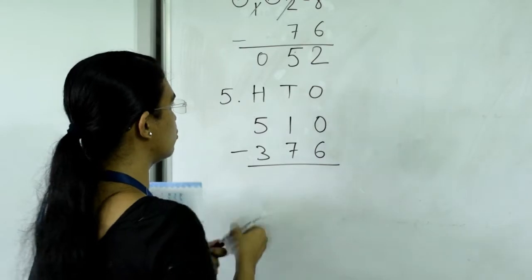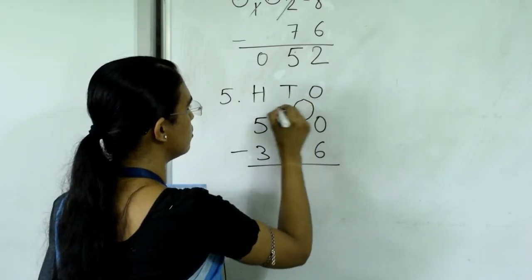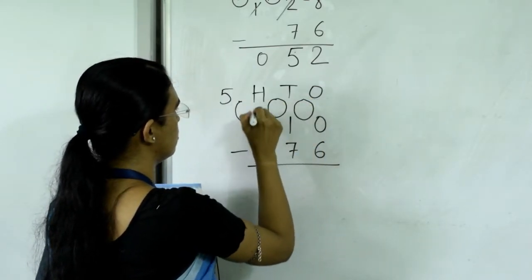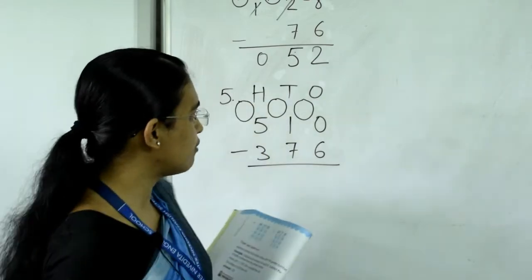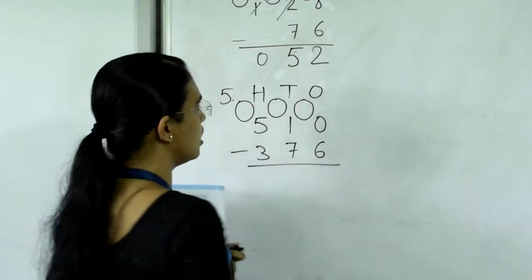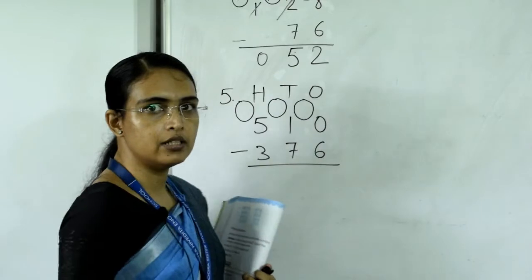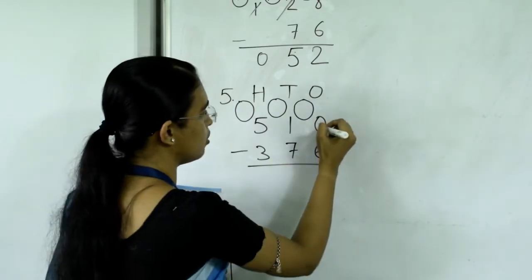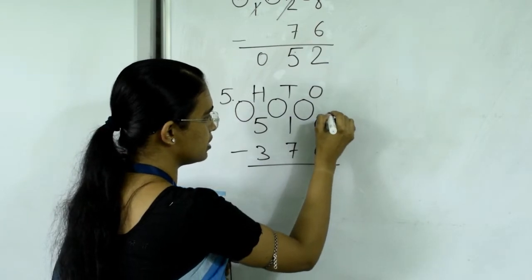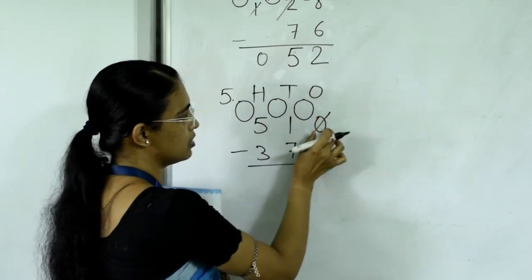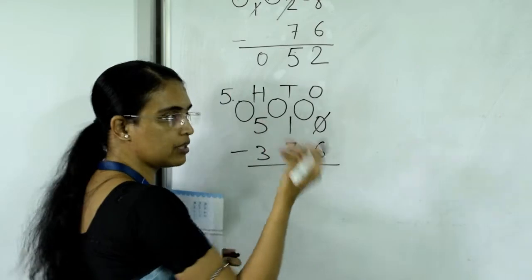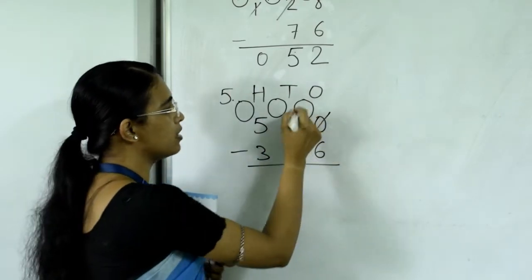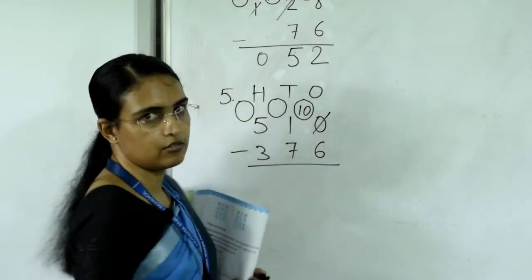So what we have to do now? We have to make this 0 a bigger number by borrowing what? 1. When you carry 1 with the number, this smaller number becomes the bigger number. So 0 became 10, right?